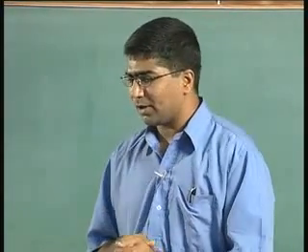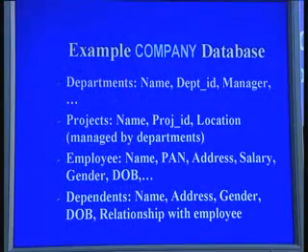Okay, now if you look at this slide carefully here, we see that there are two different kinds of things that we are noting here. All these things before the colon, we see the things like departments, projects, employee, dependents, and so on. And after the colon, you have terms like name, department ID, manager, or name, project ID, location, or name, PAN number, address, and so on.